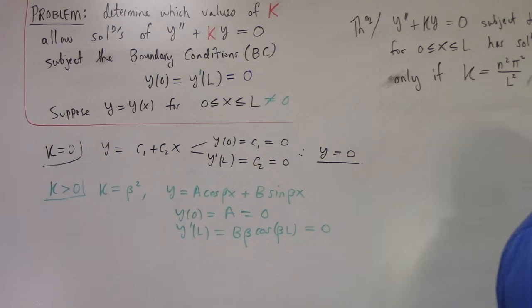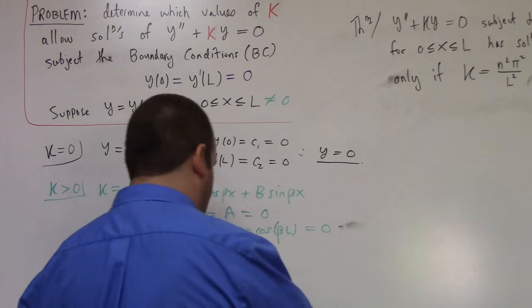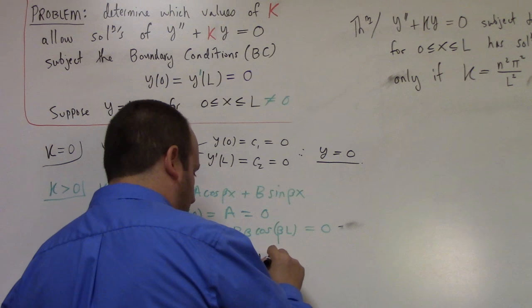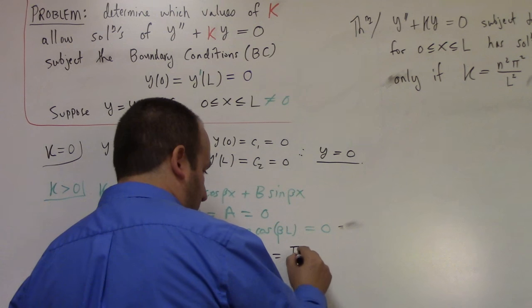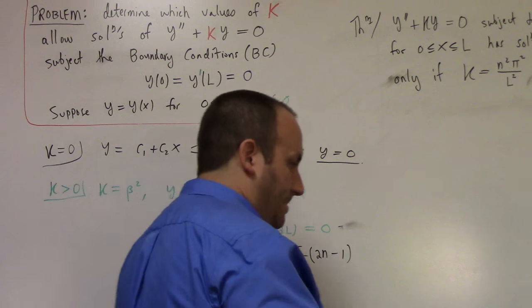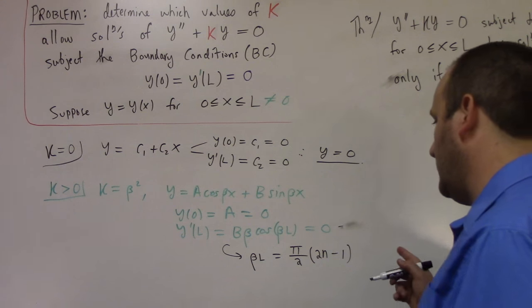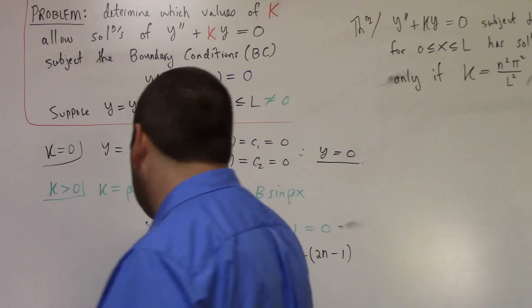A nicer way to express that is that we need beta L to be equal to pi over 2 times 2n minus 1 for n in the integers. Now, if you think of it, we assumed that beta was positive, right?